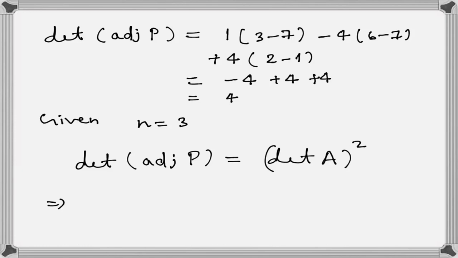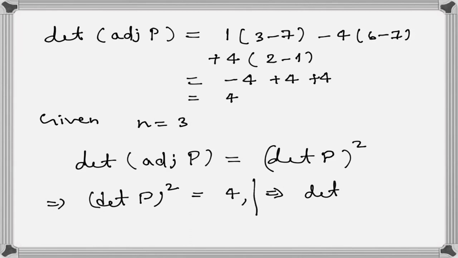This implies determinant P whole square is equal to 4, which implies determinant of P is equal to plus minus 2.